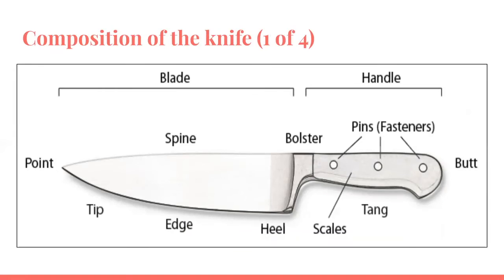The first theme is composition of the knife. As you know well, a knife is largely composed of a blade and a handle. The blade is a part that cuts your food, and the handle is a part you hold with your hand.